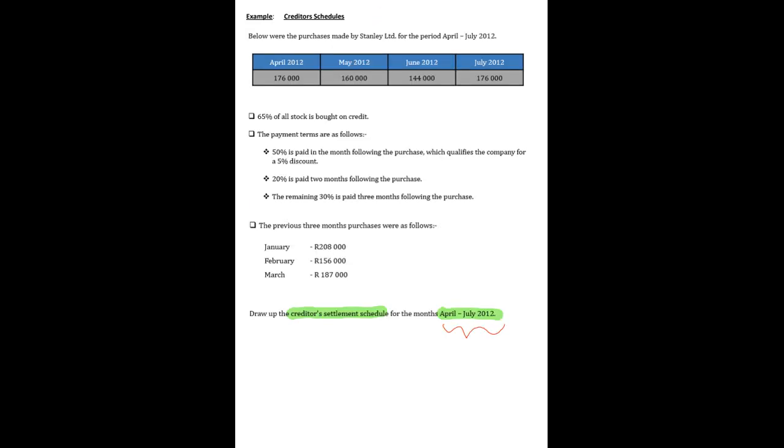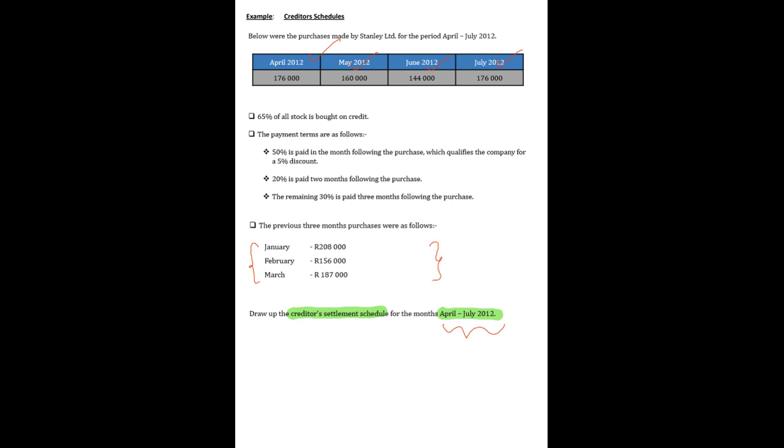So April, May, June, July going across, and then coming down, remember, it's the first month's worth of information that they had given to you. Although they gave you April, May, June, July at the top, under the additional information they also gave you the previous 3 months, January, February, and March.